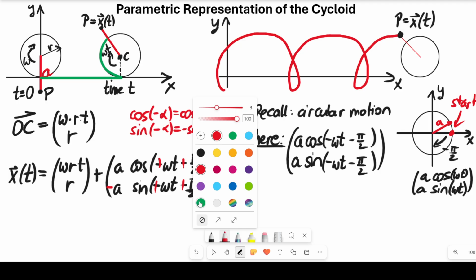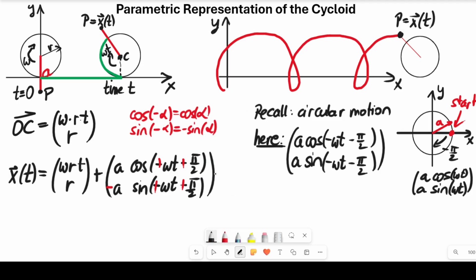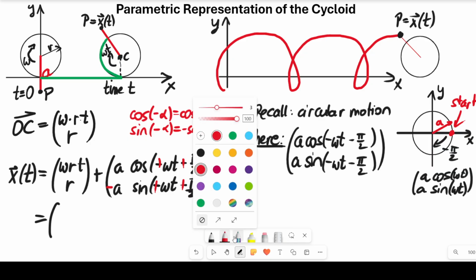And then we have two more properties in order to simplify it further. I don't like this pi half here. Let me write the properties down here.